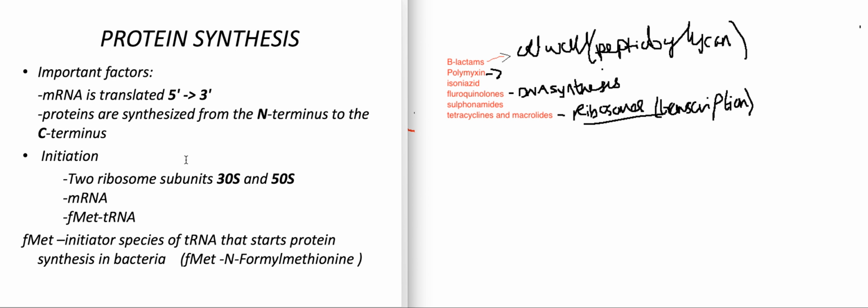This usually initiates the process of tRNA binding into the P site, then the next tRNA comes along and binds onto the A site, and subsequently the first one moves into the E site, which is the exit zone. We'll go into a bit more detail as we go through the slides.